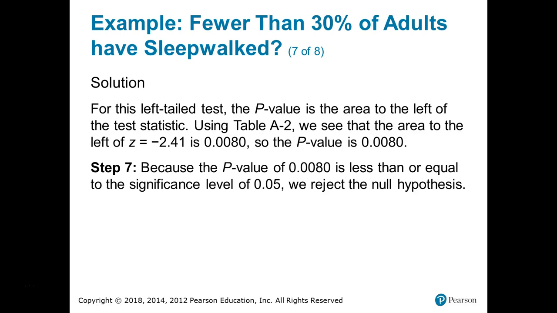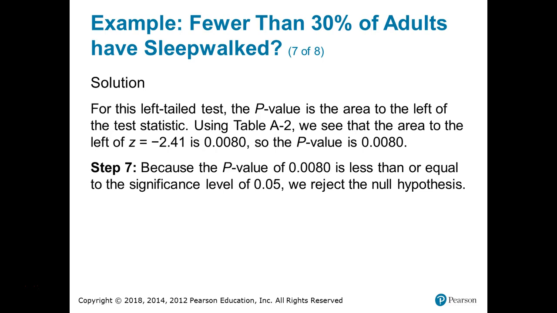For this left tail test, the p-value is the area to the left of the test statistic. Using table A2, we see that the area to the left of negative 2.41 is 0.008, so that's the p-value.